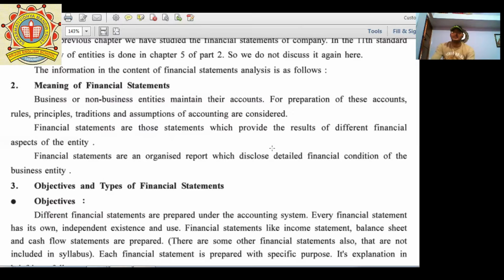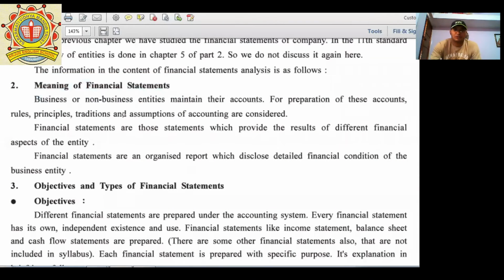Detailed financial condition means we don't just want to know the profit and loss, but also each and every item, like the expense list, the income list, the gross profit, our indirect income, our indirect expense, as well as our net profit. We have to study that very well. So this is the basic definition of financial statements.